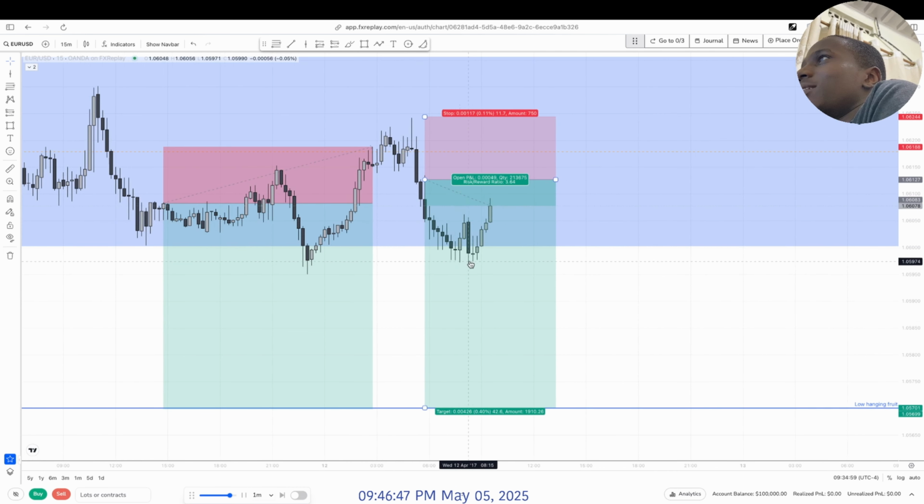Looks like it swept out the liquidity from this other block, and did it reach this one? It touched into this one, but it didn't push any lower. So should we flip our bias? Might be possible. Let's see.